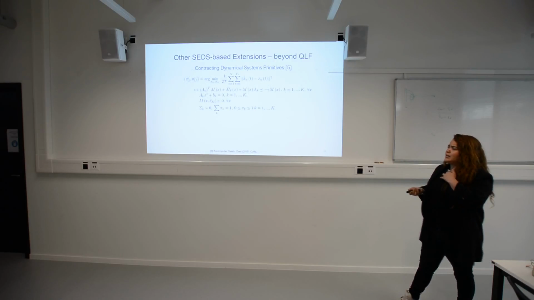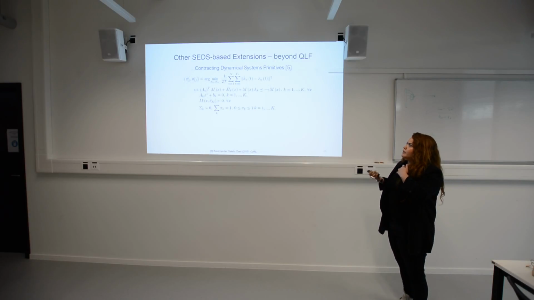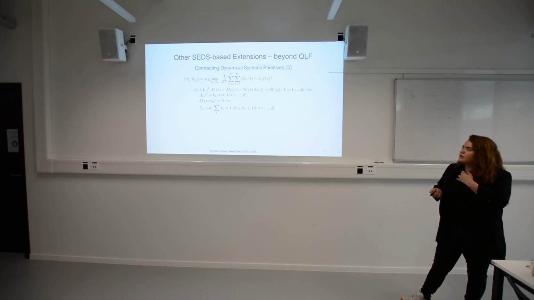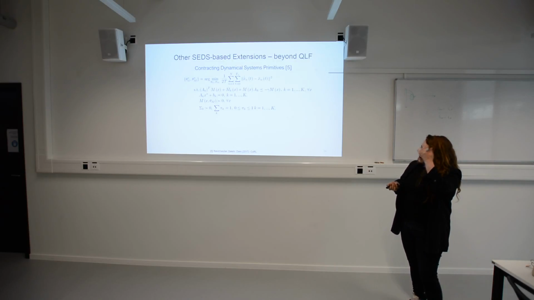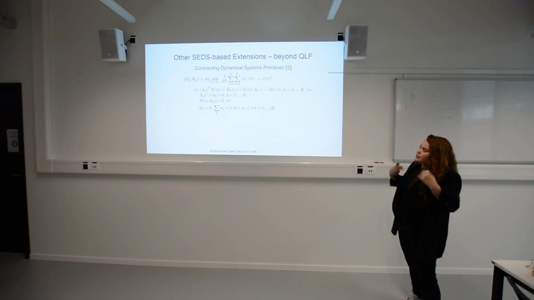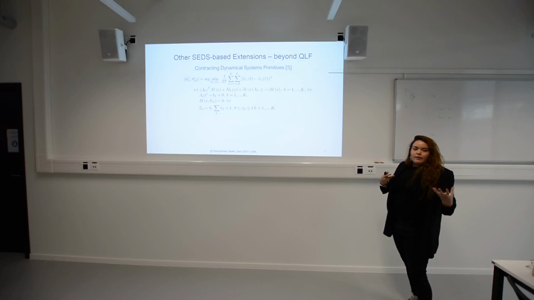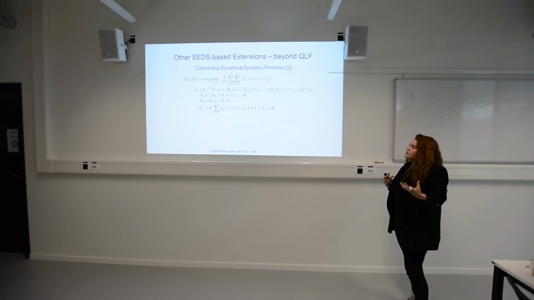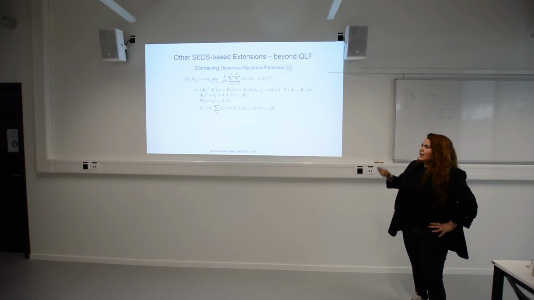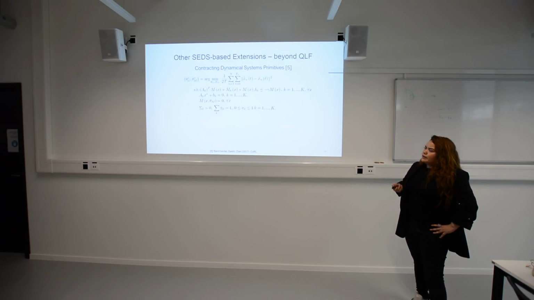Another approach which was recently introduced is the contracting dynamical system primitives approach, which follows exactly the same formulation as SEDS. So it's a mixture model. The mixing function and the system matrices are represented by the GMM, and they use the mean square error as well.